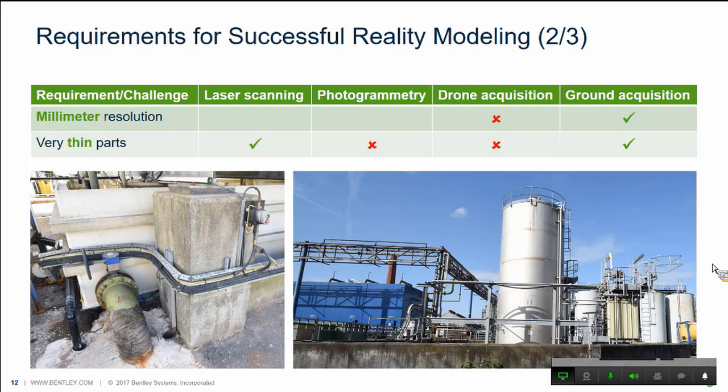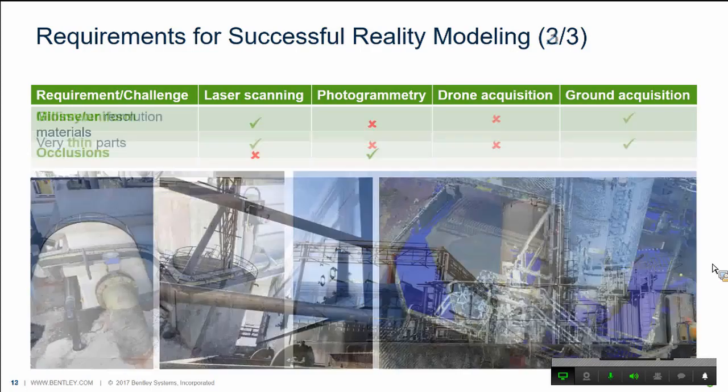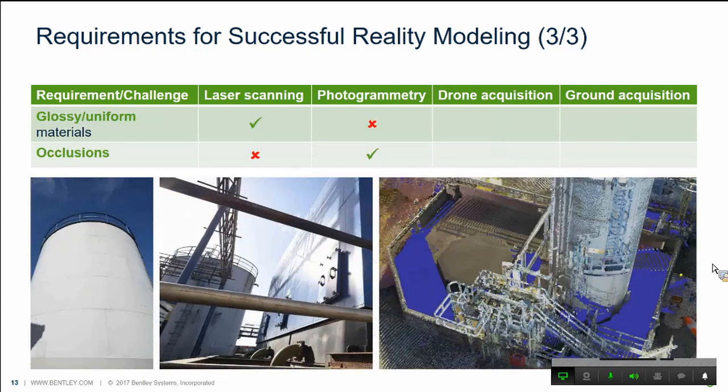And of course, from a drone, you have a lower resolution either on your laser scanning or your photos. So here laser scanning will be good to have. Finally, on glossy and uniform materials, photogrammetry can struggle a little bit. So here again, laser scanning will have the edge.